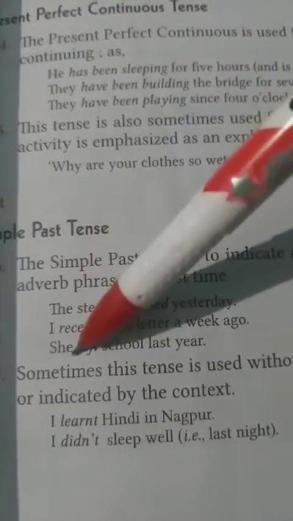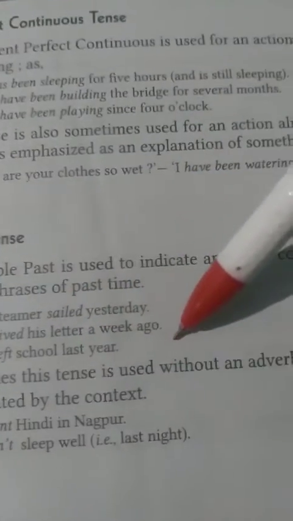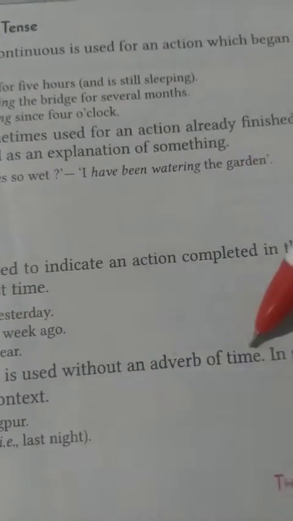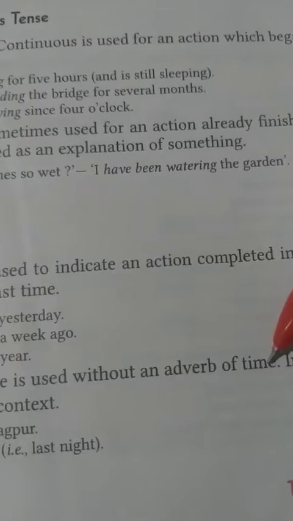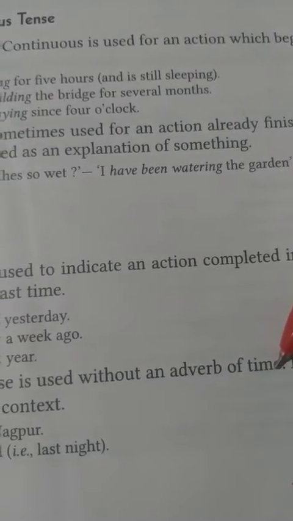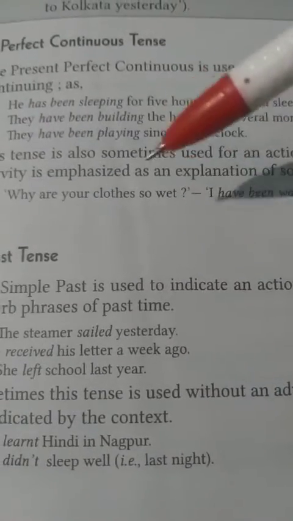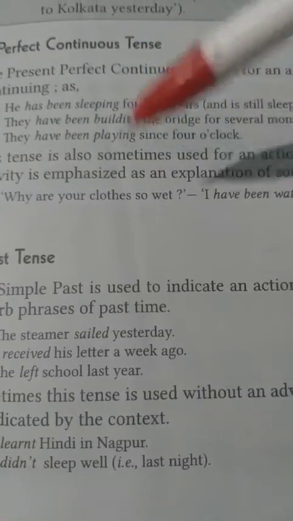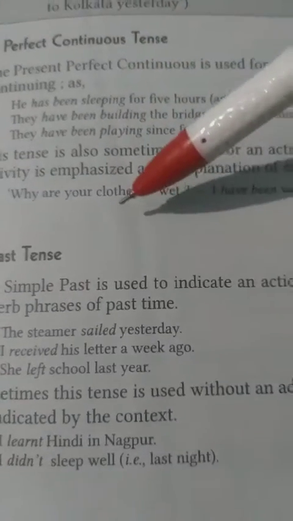The second use of simple past tense: sometimes this tense is used without an adverb of time. Like, yes, I went. Instead of just saying yes or no, somebody may say yes, I went.